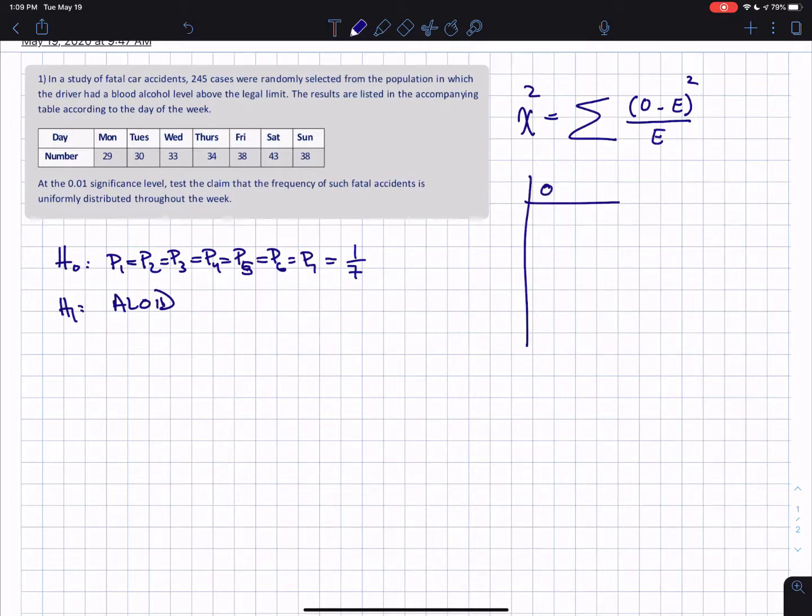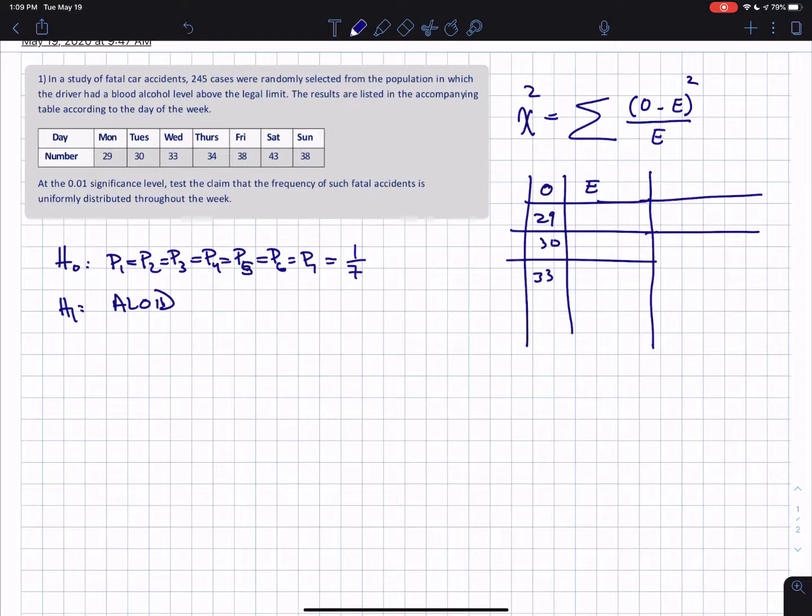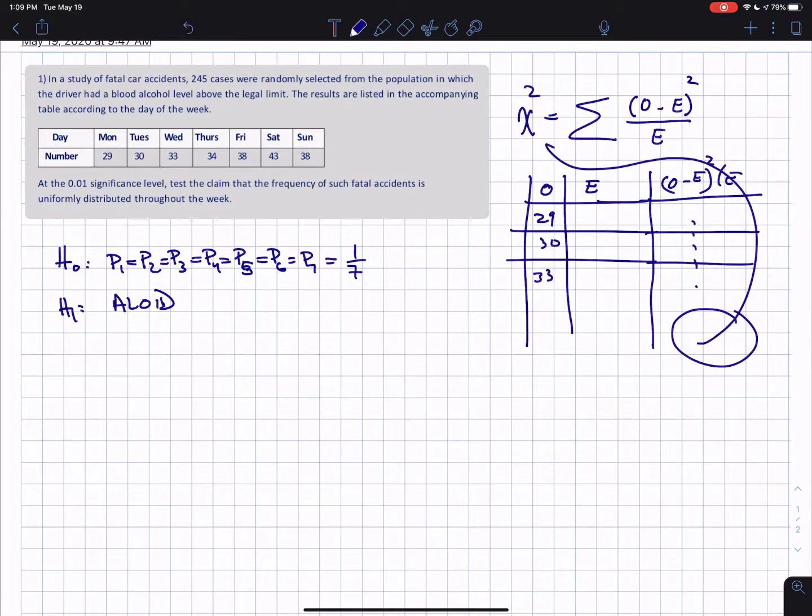You obviously have to list all your O's, like 29, 30, 33, and then you have to list all the E's, and we'll see how to calculate those. And then once you have all the O's and the E's, you calculate this O minus E quantity squared divided by E, and then you write those down here, and then you ultimately add them all up, and that would be your test statistic.